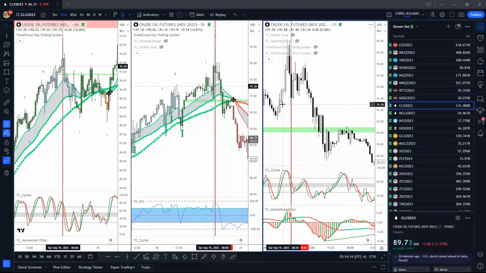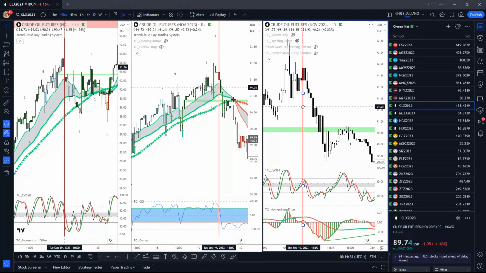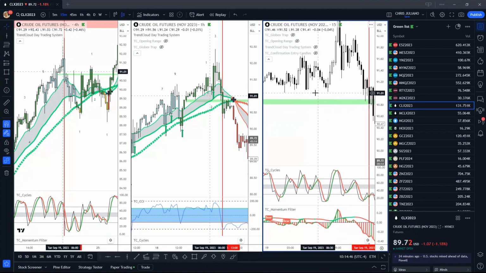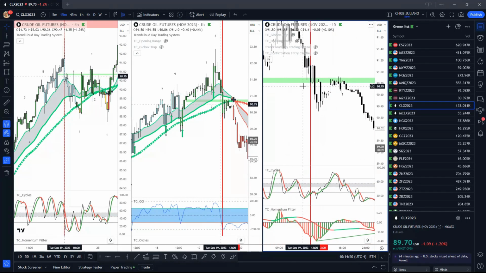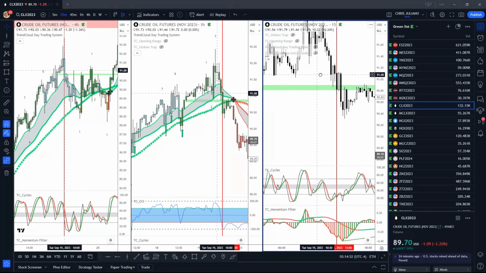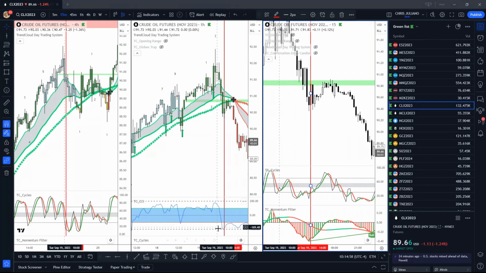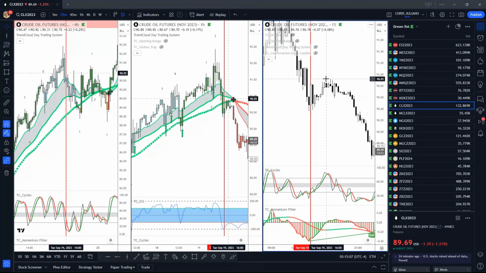Now, the pullback. Okay. This pullback here pulls all the way back, breaking through structure. We want to be careful when we start to see structure being broken on the low time frame. And what does it do? It breaks below negative 100 on CCI, telling us that it's safe to start taking supply zones.